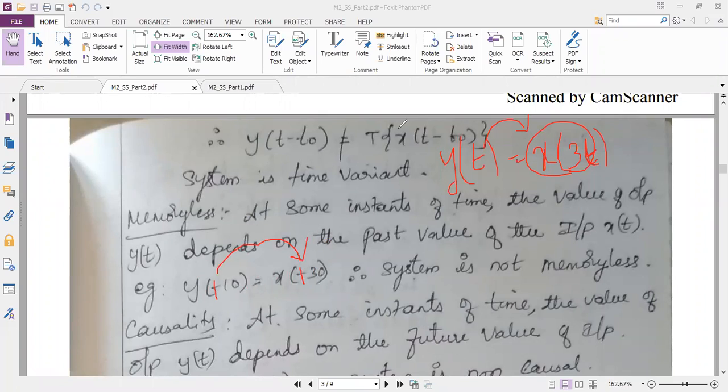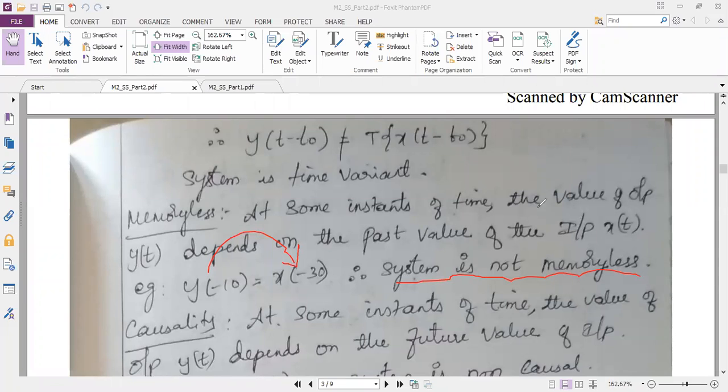So depending upon the t value which we take, I may get the past value also, I may get the present value also. So I conclude that the given system is not memoryless. It is a system with memory because the output depends upon the past value of the input. The system is not memoryless.